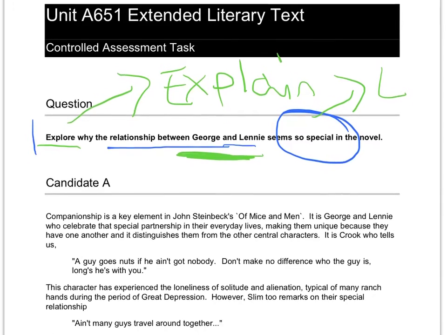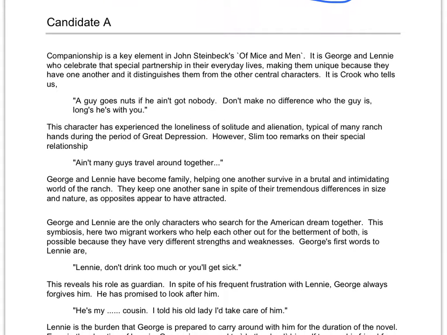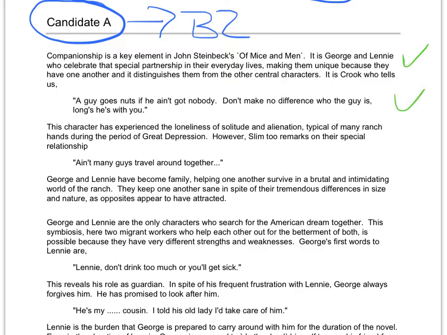Okay, so moving down, we've got an essay here. Candidate A essay, right here. This was given, I believe, a band 2. Band 2 would equate to an A. And I'm not going to spend a lot of time going over all of these paragraphs that you see, because there's nothing in there really that does AO2.